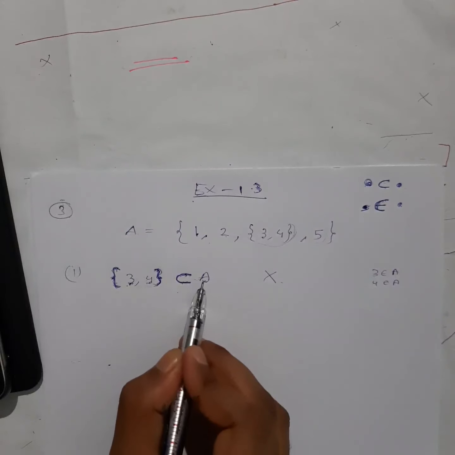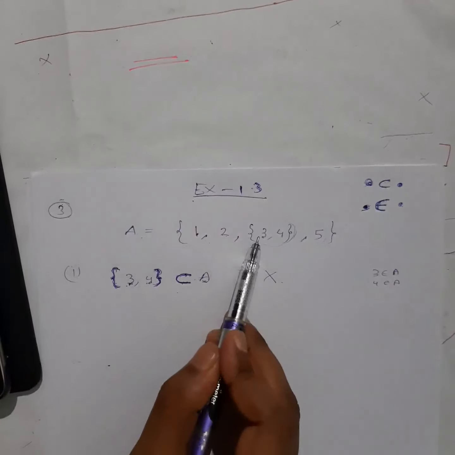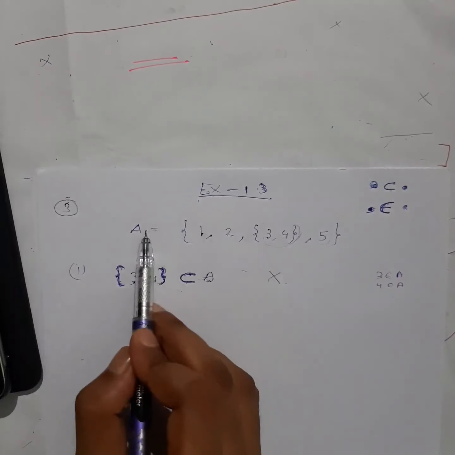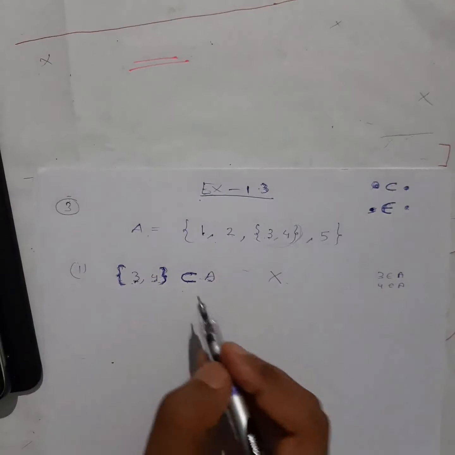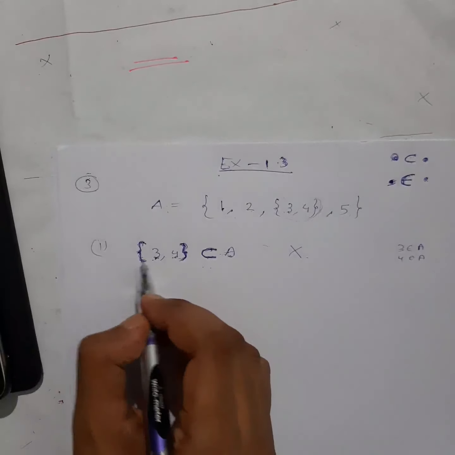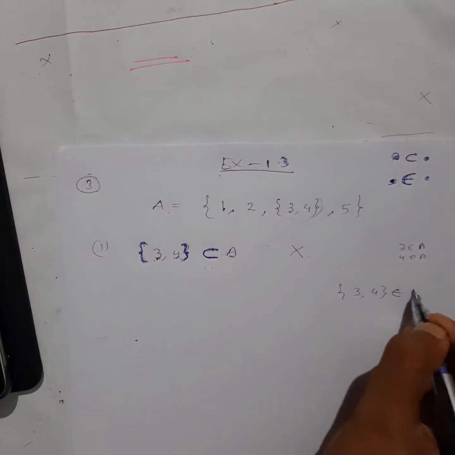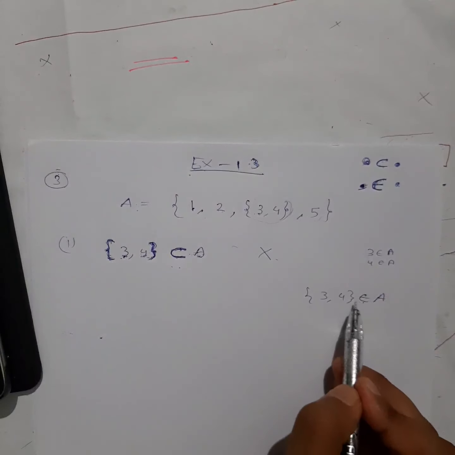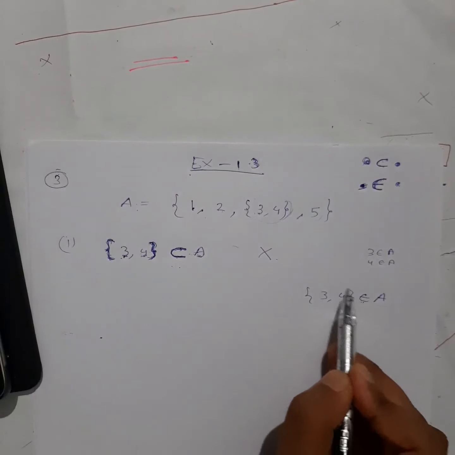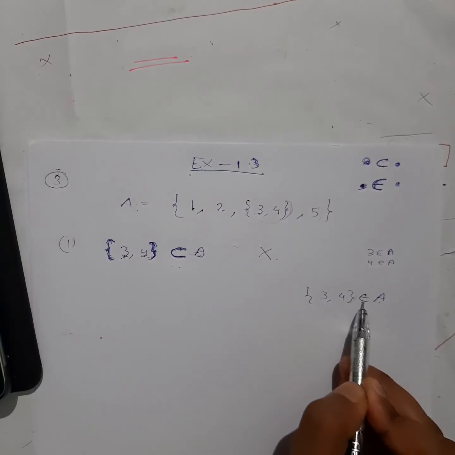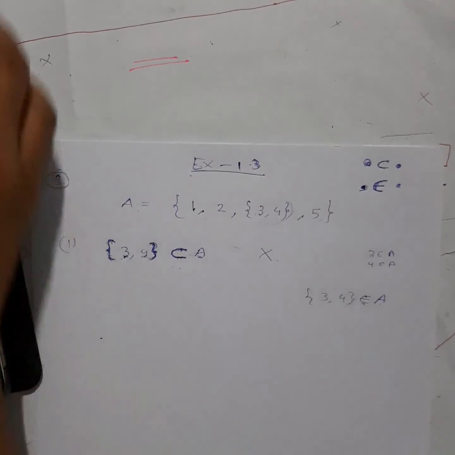Now 3 is not an element of A. You can see here 3 is not an element. 3, 4 as a set is an element of this. So don't get confused. Now I can write it like this: {3, 4} belongs to A. Why? Because belongs means whatever is before this symbol must be an element of this one, then only I can use this symbol. So belongs I can use here.